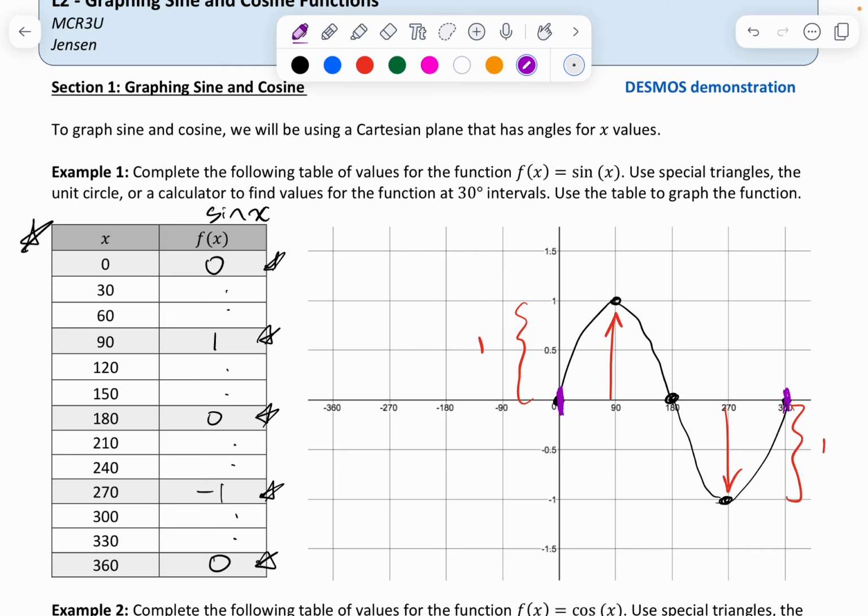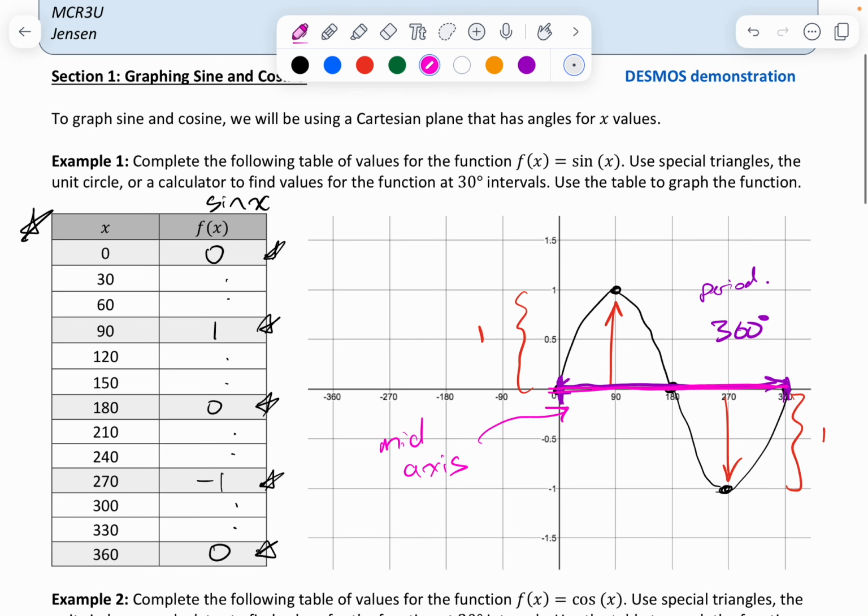In this case, the period is 360 degrees. There's an axis that the function goes up and down from, and that's called the middle axis. So that's what a sine graph looks like.